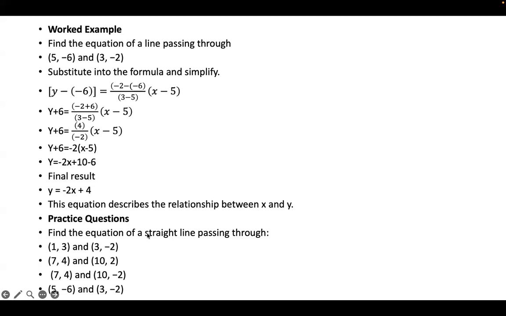Find the equation of the straight line passing through these coordinates: 1 and 3, 2 and negative 2, 7 and 4, then 10 and negative 2. Then you have to find the equation of the straight line. I hope you can do it.